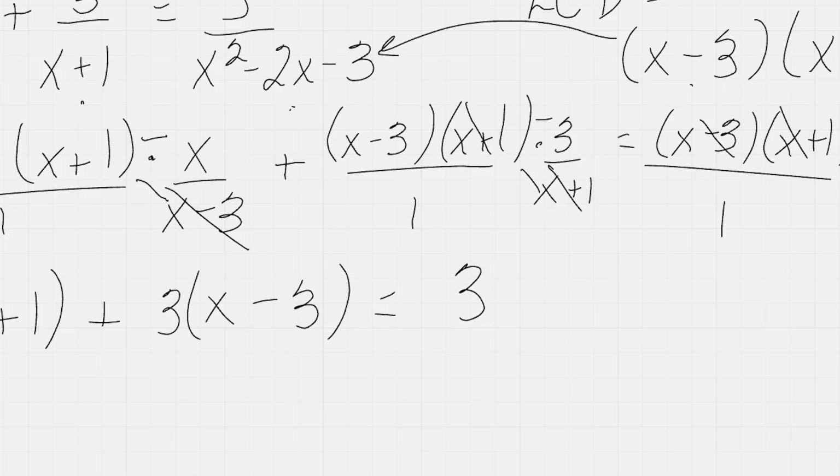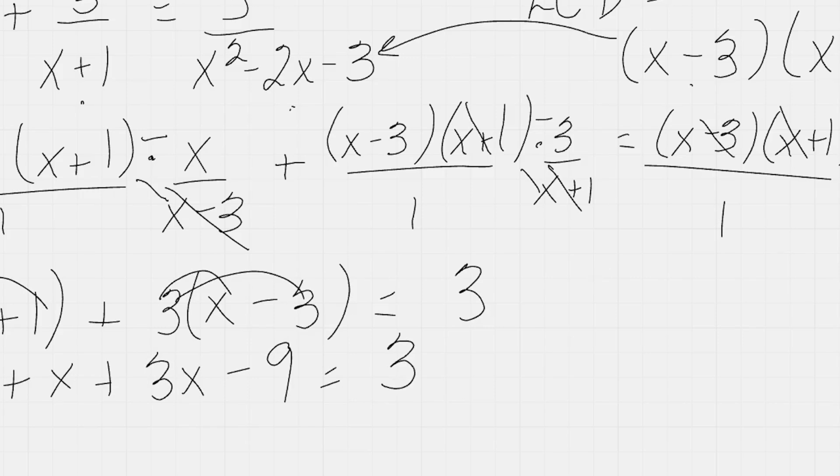Now we've eliminated all of our denominators by using an LCD, and now we can just combine like terms using the distributive property in order to solve this linear equation. So we have x times x, which is x squared, 1 times x, which is x, plus 3 times x, which is 3x, and then 3 times negative 3, which is negative 9, equals 3, right? So now we can further combine like terms.